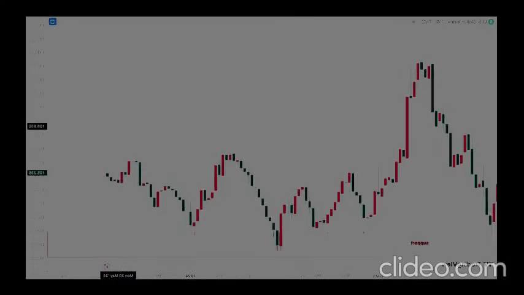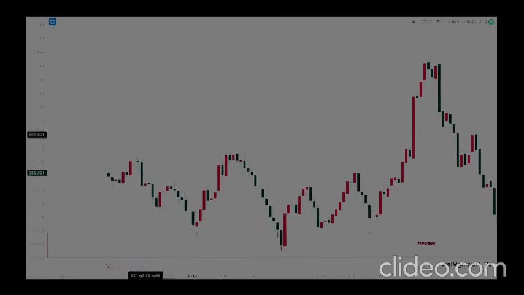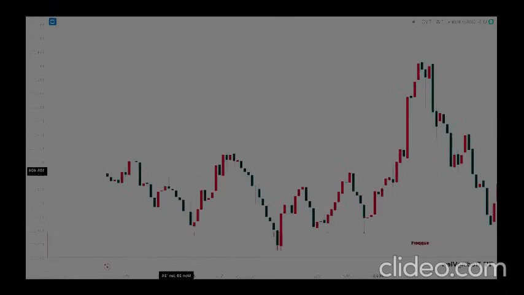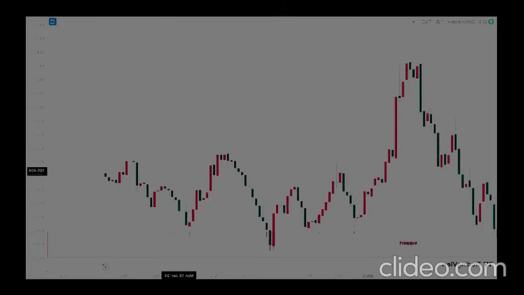So after knowing this is the uptrend, we are going to concentrate, like I said before, on the most recent information on the chart.